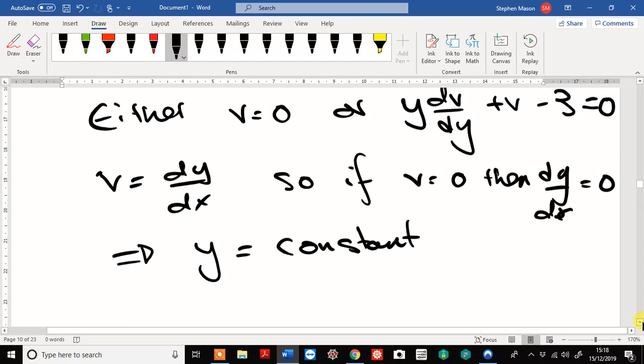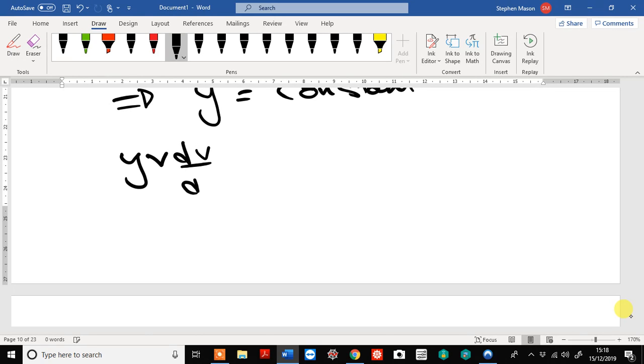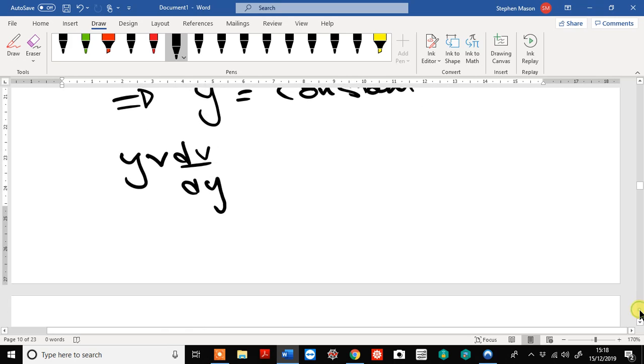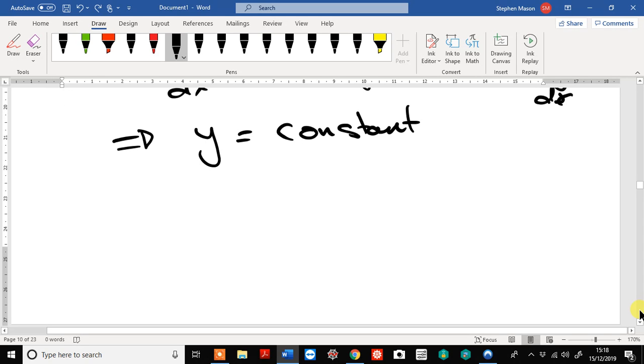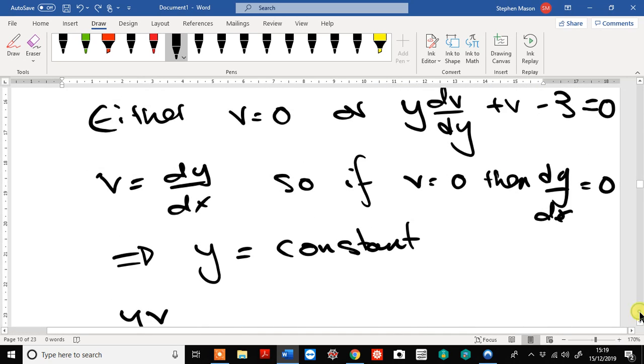So we'll just write that down again. So we've got y, I think we have v dv by dy. No, we don't have a v there, do we? Because we factorised it out. Right, let me just scroll down.